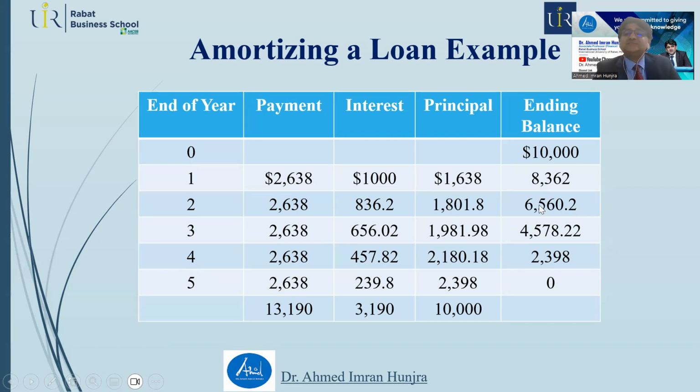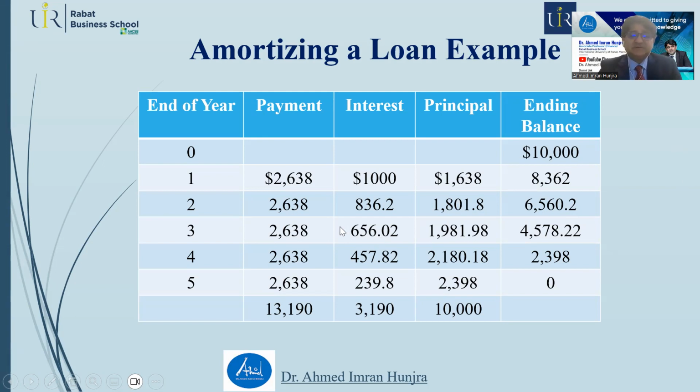So repeat the process for the next step, step 2. We are left with the balance here. At the end of the second time period, 6,560. So 10% is the interest rate. 6,560 multiplied by 10% will be 656.02. That is the interest payment.